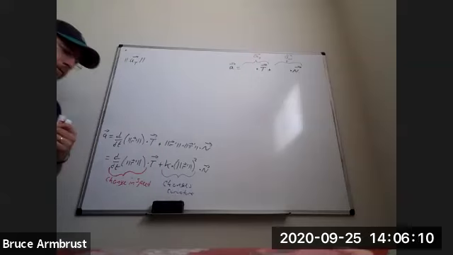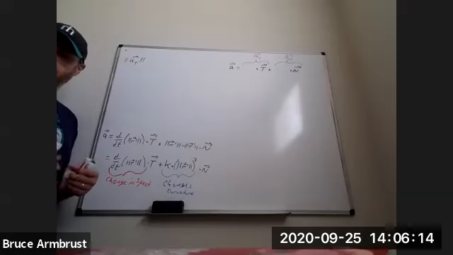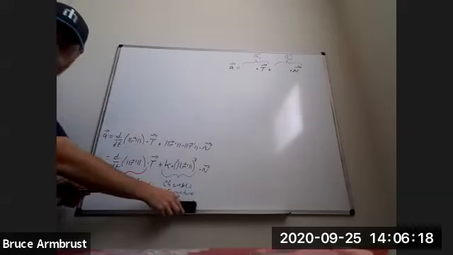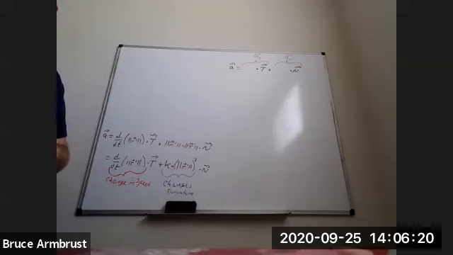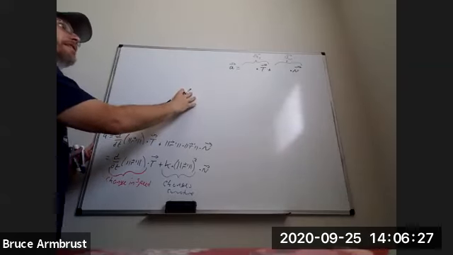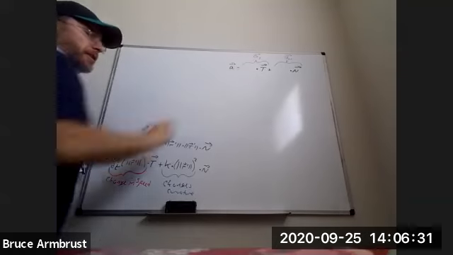We're just looking for this tangential piece. Think about what we want to do. We're trying to find the projection of this a in the direction of T.